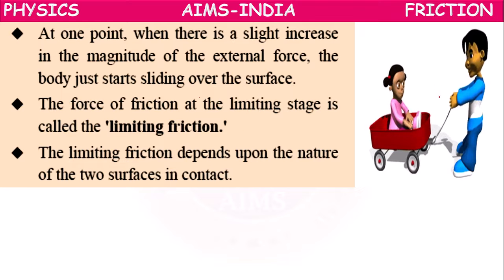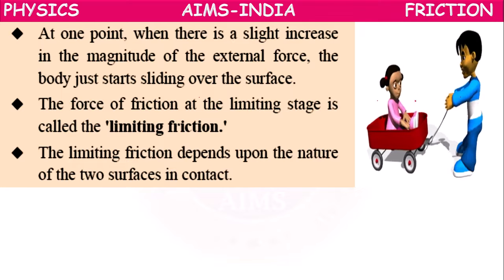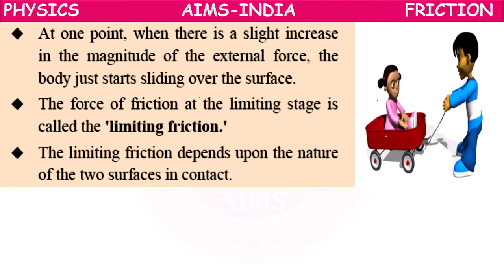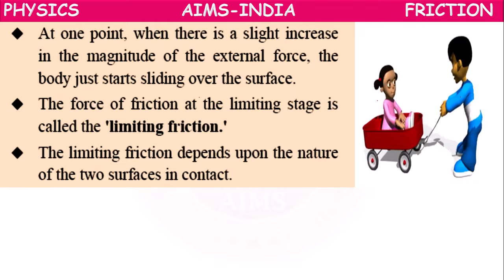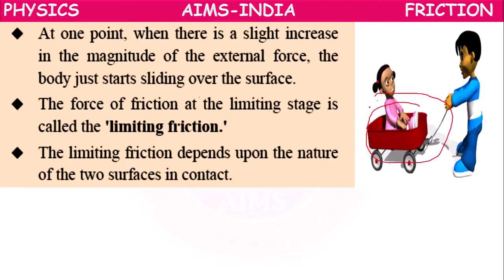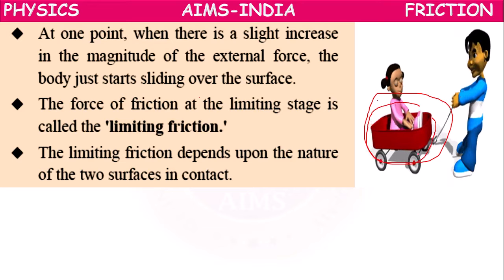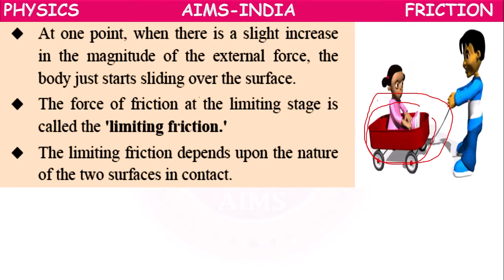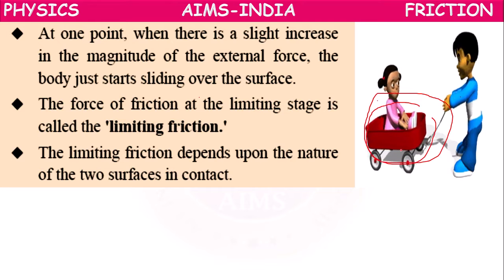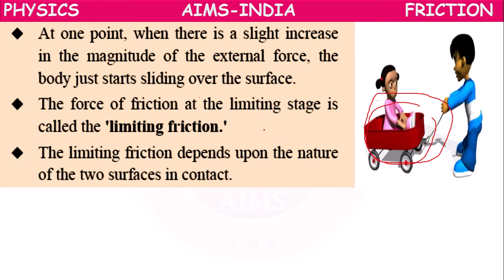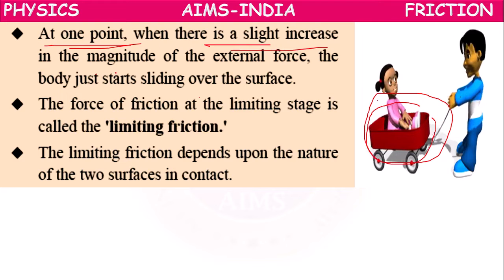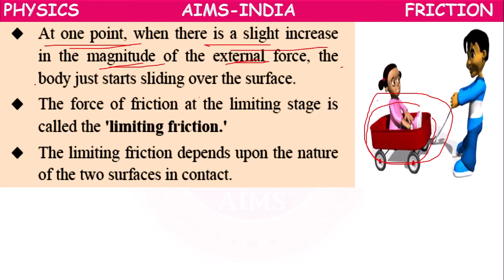Suppose this boy is pushing his sister, who is sitting in this vehicle type structure. Suppose at one point it is ready to move. If we increase somewhat extra force, it will start moving. At one point, when there is a slight increase in the magnitude of the external force, the body just starts sliding over the surface.